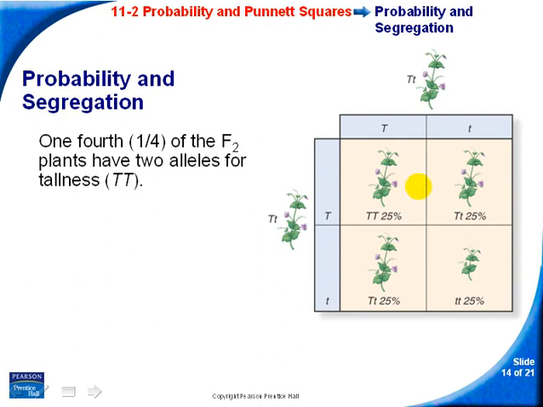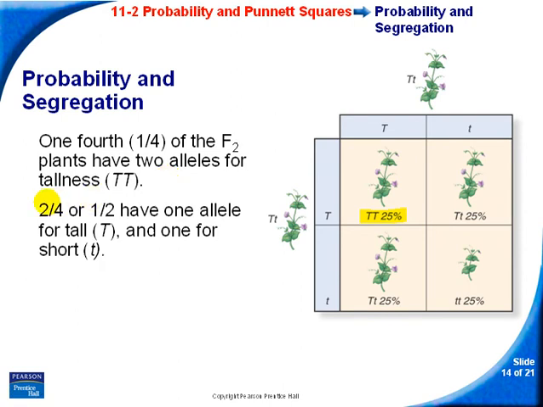If you look, 1/4 of the F2 plants have 2 alleles for tallness right here. 2/4, or 1/2, have 1 allele for tall and 1 allele for short. But you look, these three are all tall plants. There's this genotype, and then there's the big T, little t genotype.